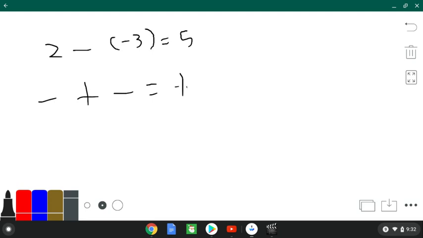Okay, so let's talk about the simples right now. Just think of 2 minus parentheses negative 3 close parentheses equals 5. But why would it equal 5? To explain it, a negative plus a negative equals a positive.